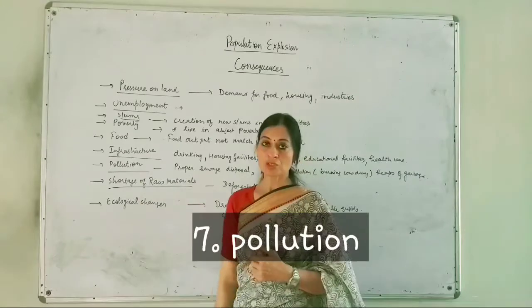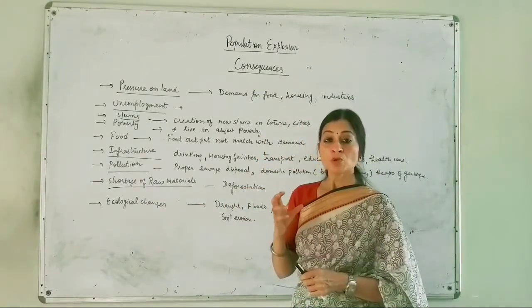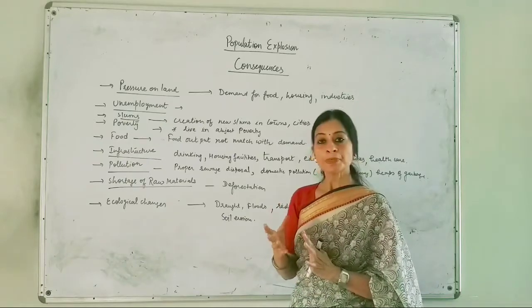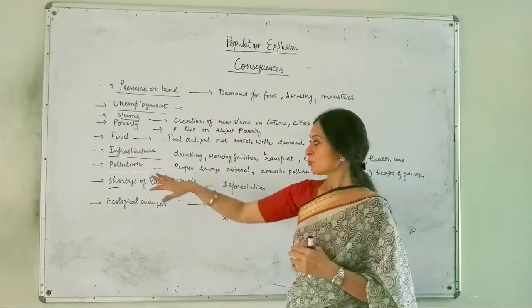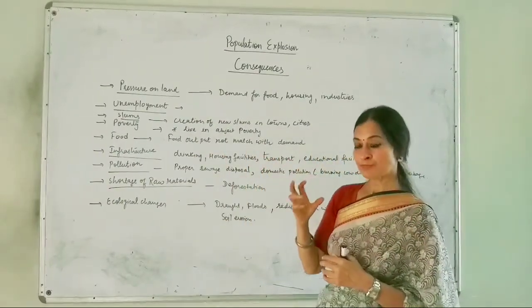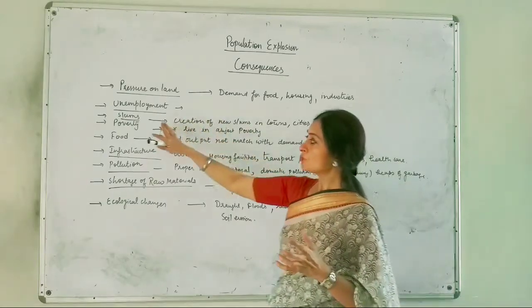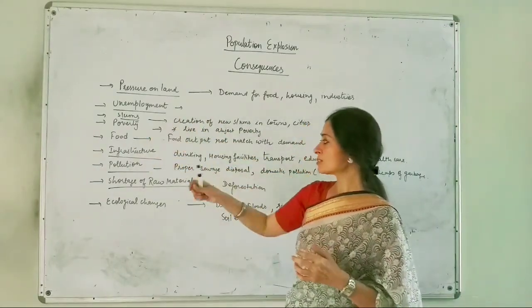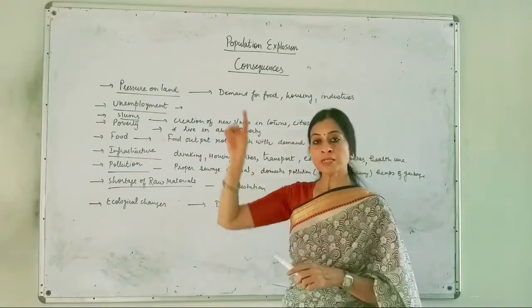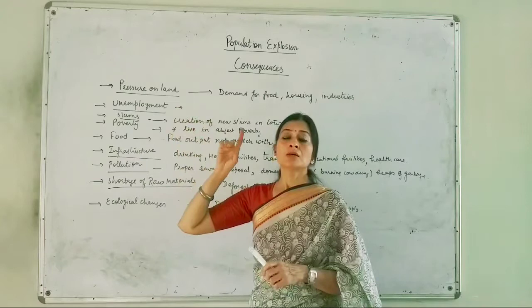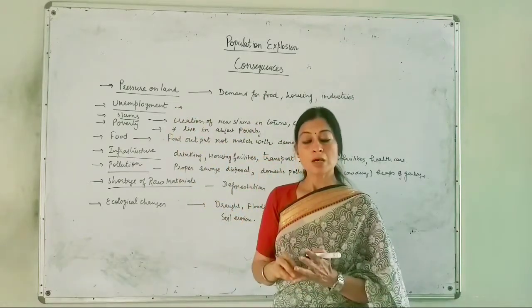Then there is pollution. The pollution is also because the people are not aware of this problem, and also because of poverty and the slum areas. There is no proper sewage disposal, especially in the metro cities where the slum areas are more.